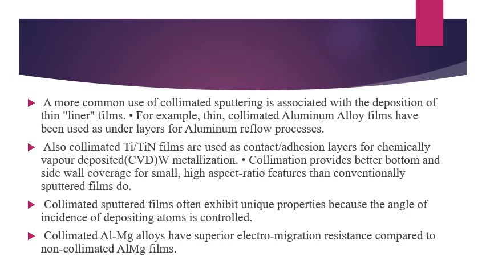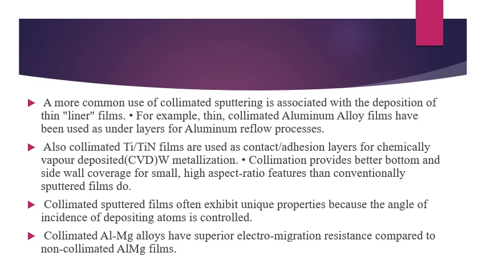Also, collimated titanium and titanium nitride films are used as contact adhesion layers for chemical vapor deposition metallization. Collimation provides better bottom and sidewall coverage for small, high aspect ratio features than conventionally sputtered films do.